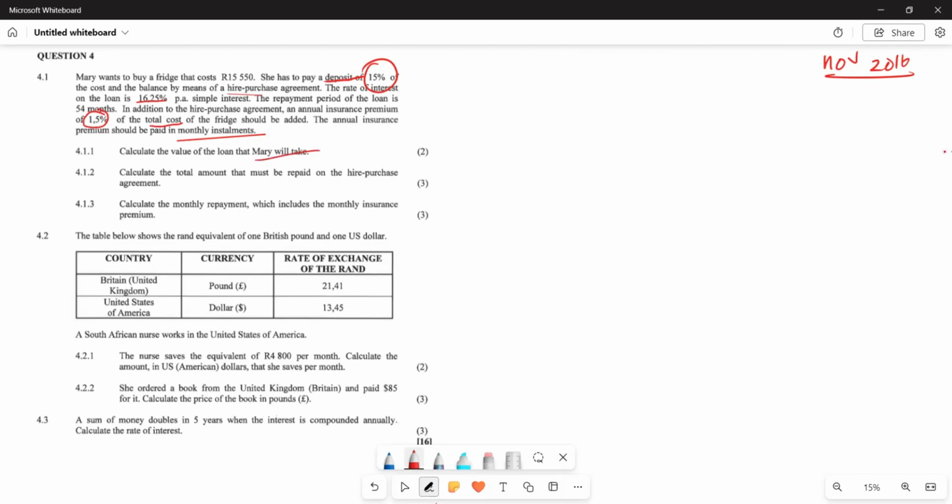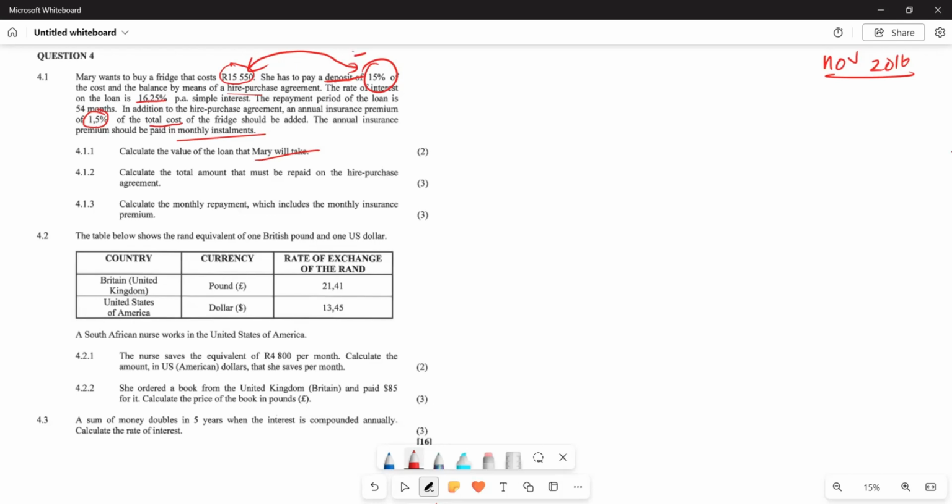So what is, firstly, the value of the loan? For us to calculate the value of the loan, what are we going to do? Remember, it costs 15,000 first, but there is a deposit that Mary will pay. So the deposit is going to be subtracted from this.